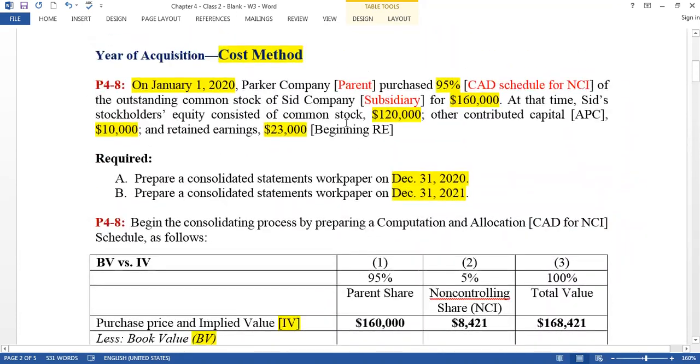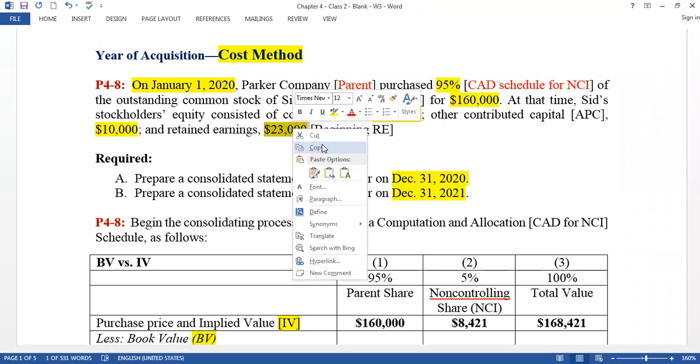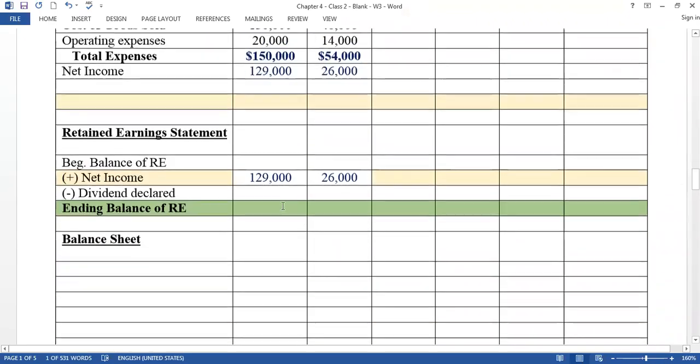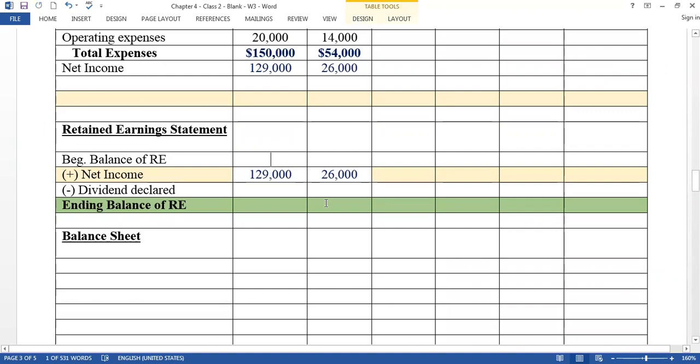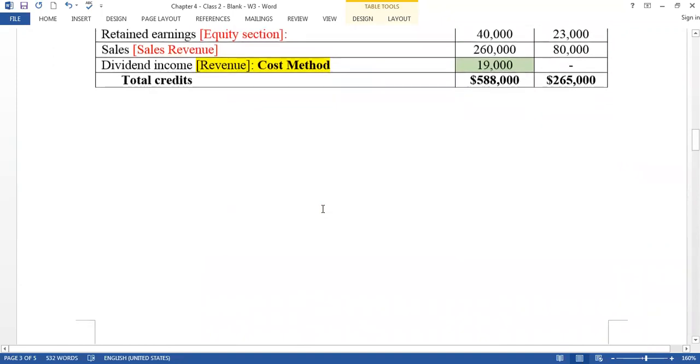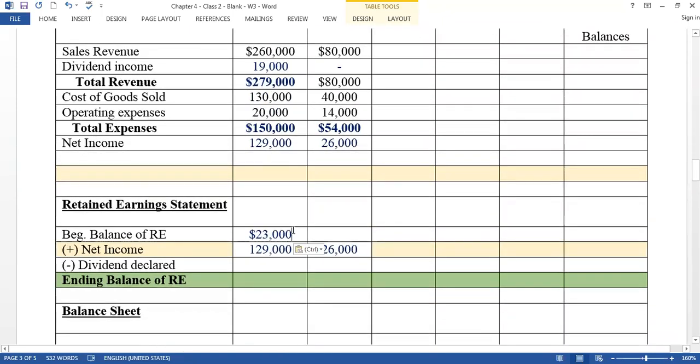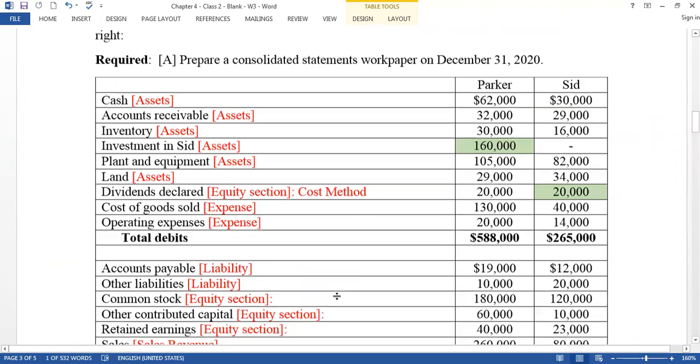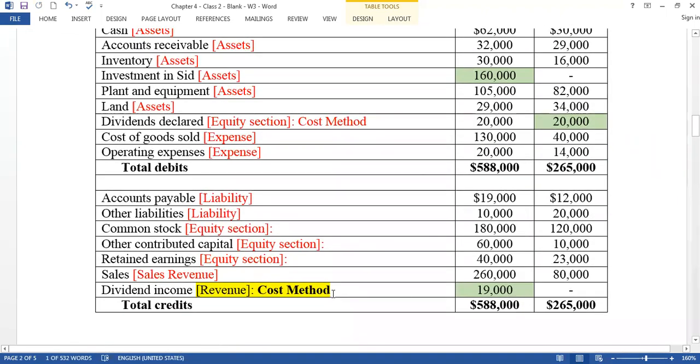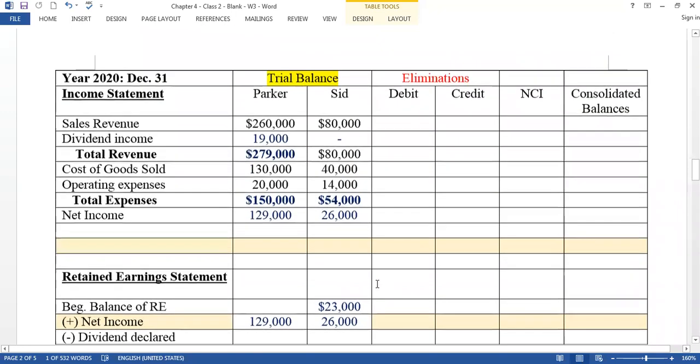Our question told you here, beginning balance $23,000 for the subsidiary, and this one is $40,000 for the parent.